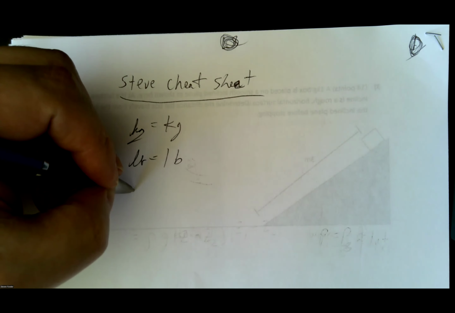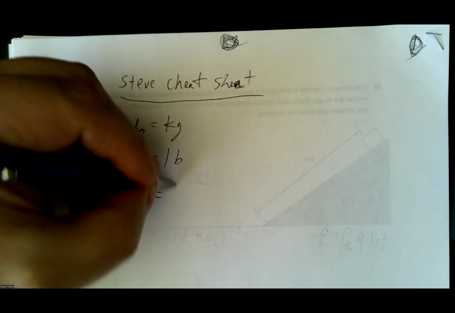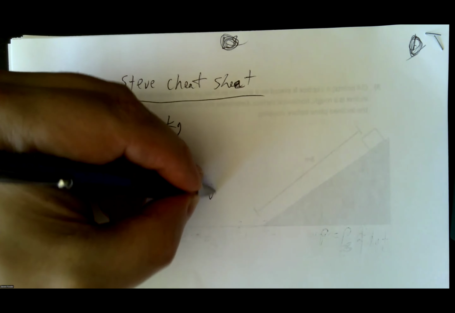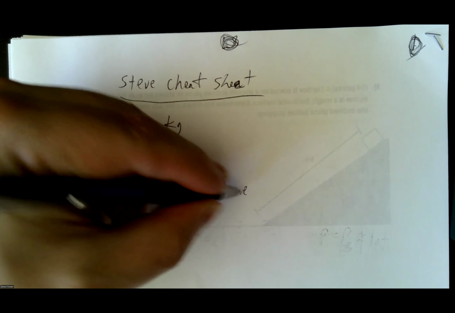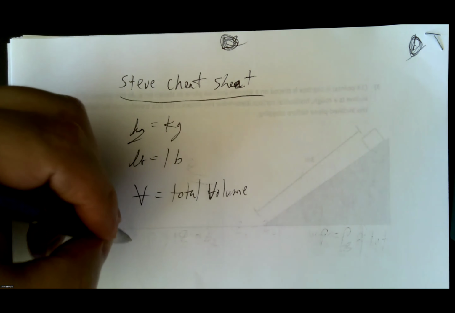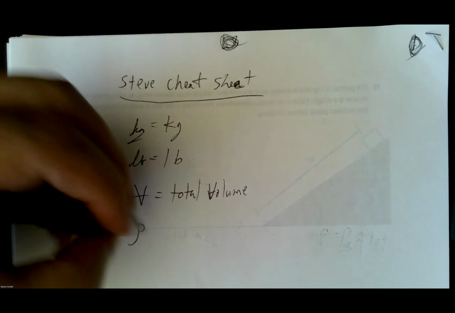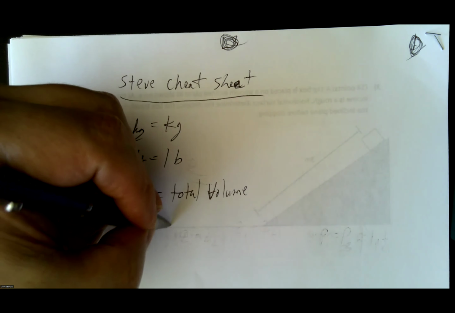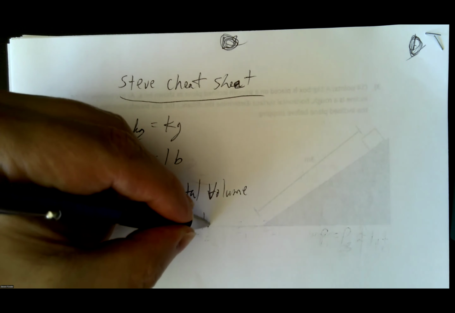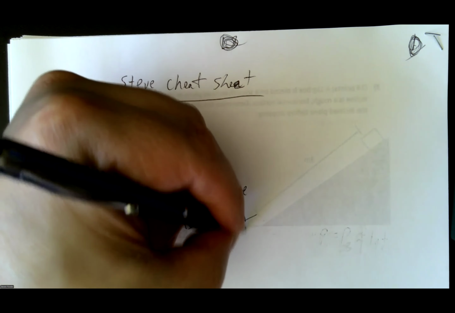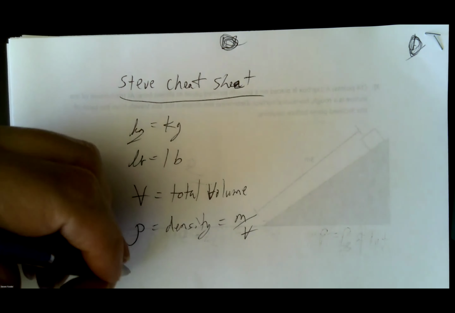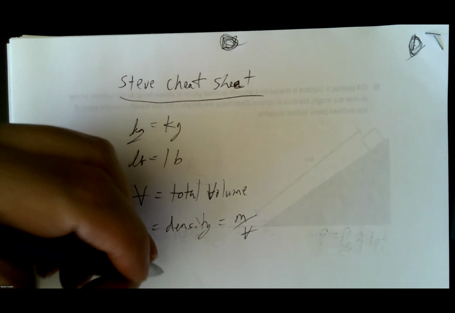So we've already talked about total volume, right? We mentioned this last time. This is how I will draw a density. That's my lowercase rho. Density is mass per unit volume. We've introduced previously specific volume.